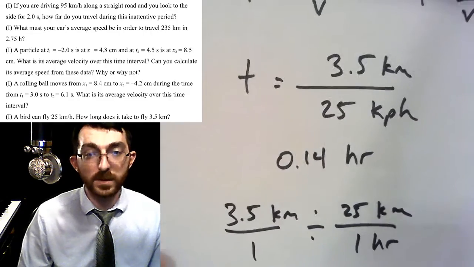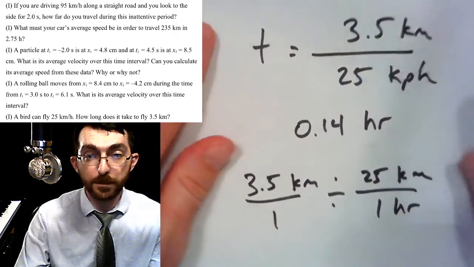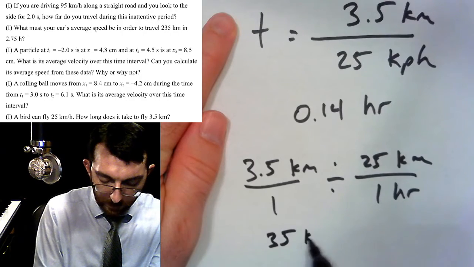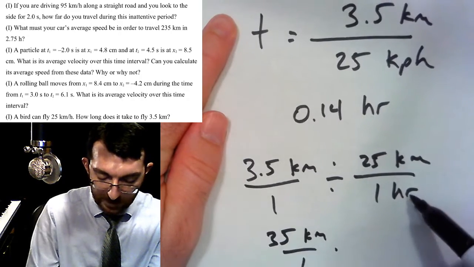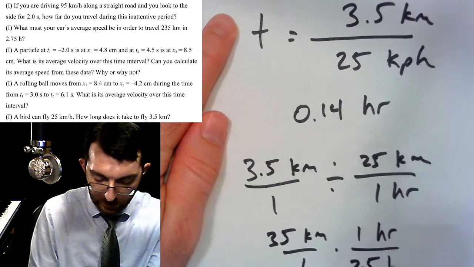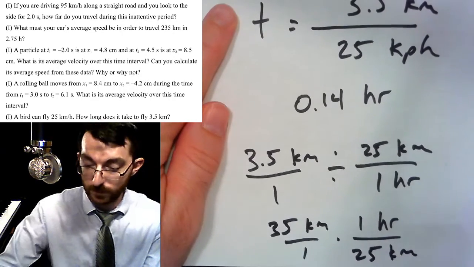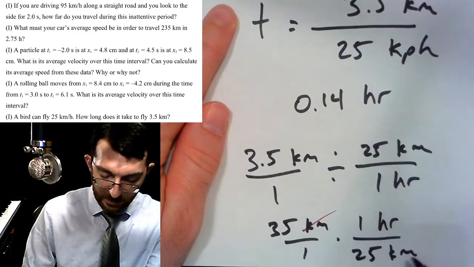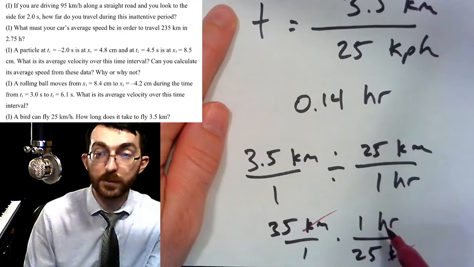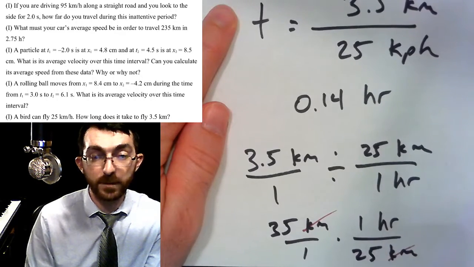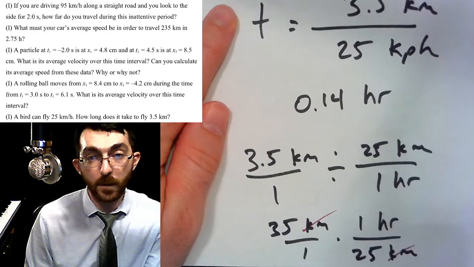You flip and multiply. So you end up with 3.5 kilometers times, now that's the top, 1 hour over 25 kilometers. So kilometers cancels. You're left with hours, and the math that I did was 3.5 divided by 25. So the unit is hours.